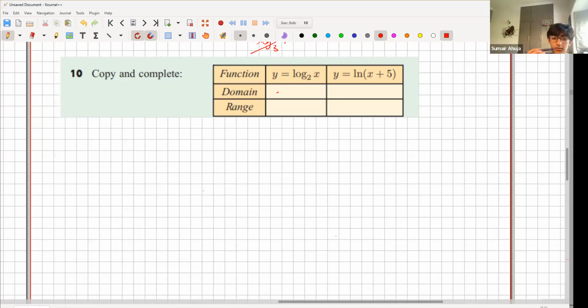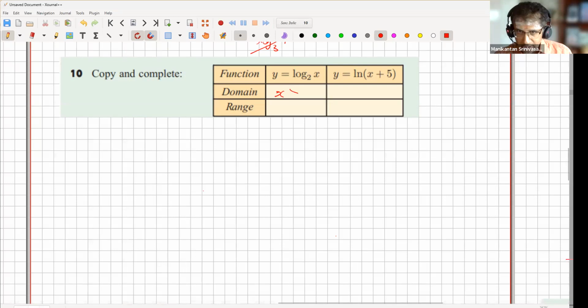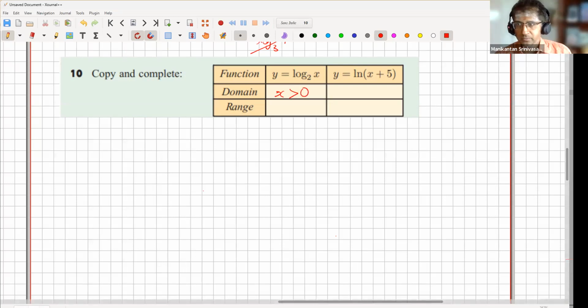So it's greater than 0, strictly greater than 0. X is greater than 0. Okay. Avya, what is the range for this? Log x to the base 2, what will the range for that be?